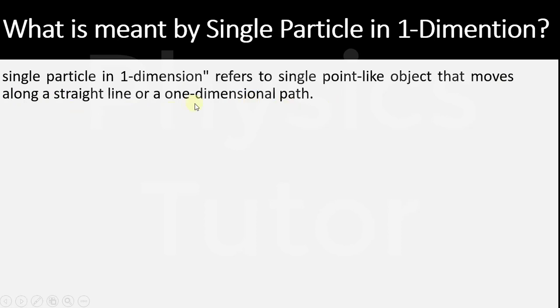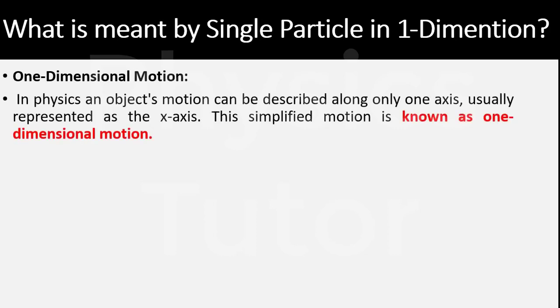As I have already told you, if a particle moves along only the x-axis, then it has only one path, and this is known as a single particle in one dimension. One-dimensional motion can be defined in physics as an object's motion described along only one axis, usually represented as the x-axis. This simplified motion is known as one-dimensional motion.